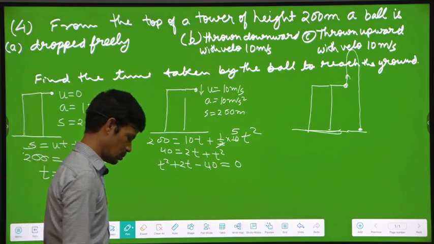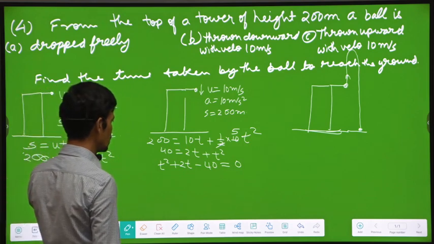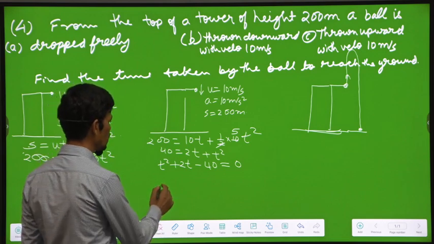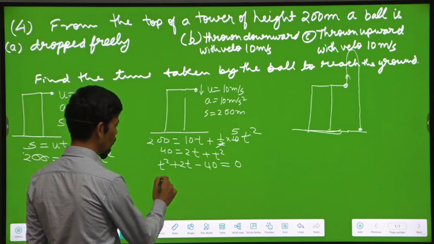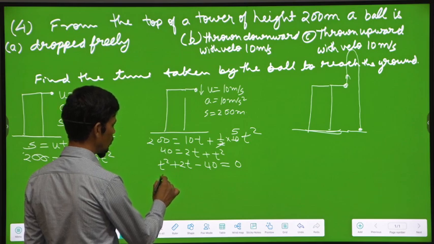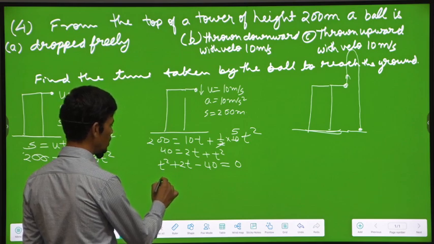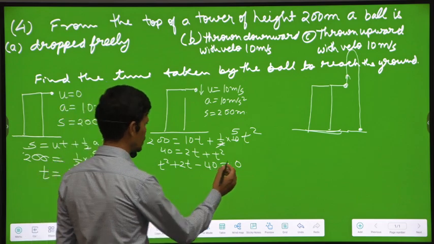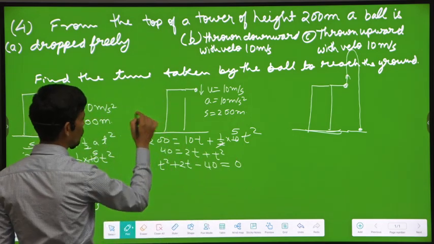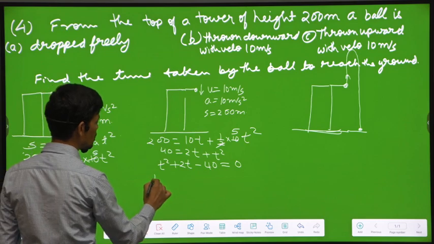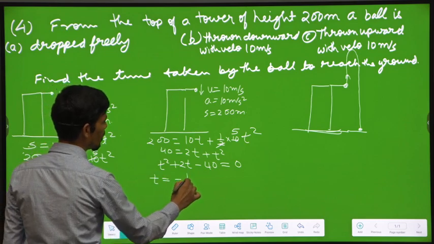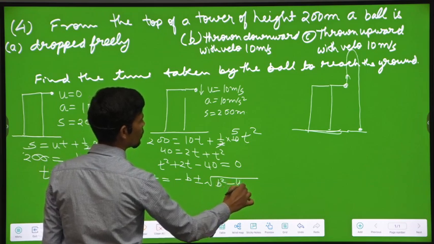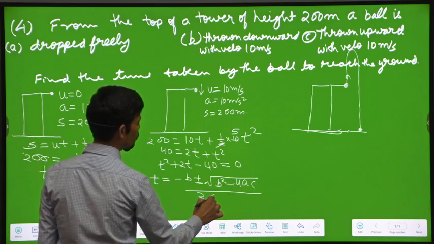And now we will apply the quadratic formula. Let me remind you that quadratic formula. So t will be equal to minus b plus minus root b square minus 4ac divided by 2a.